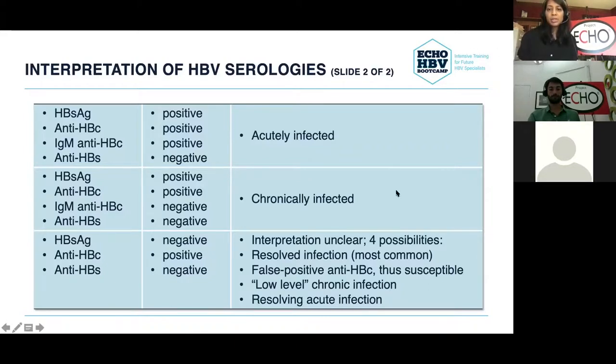And this includes either resolved infection. So you may have had surface antigen that was positive, but you lost it, but you never developed the protective surface antibody. But that means that you had it in the past if you had core antibody that's positive, right? You can sometimes see a false positive, meaning that you've really never been exposed to hepatitis B, but this is a falsely positive test.